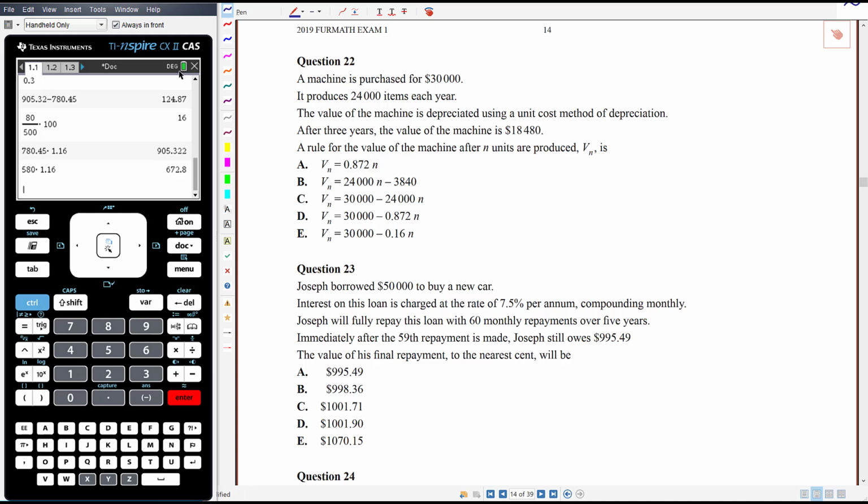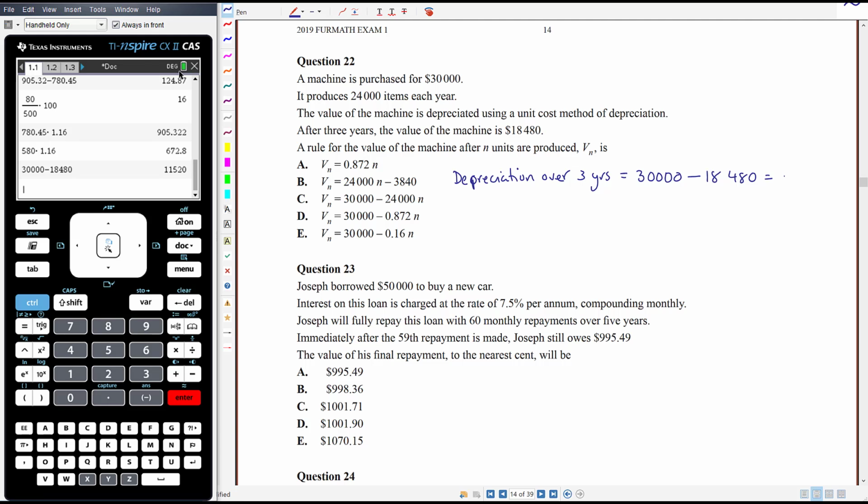A rule for the value of the machine after n units are produced is... Okay, so the depreciation over 3 years is going to be $30,000, that was its initial value, minus $18,480, the value after 3 years.